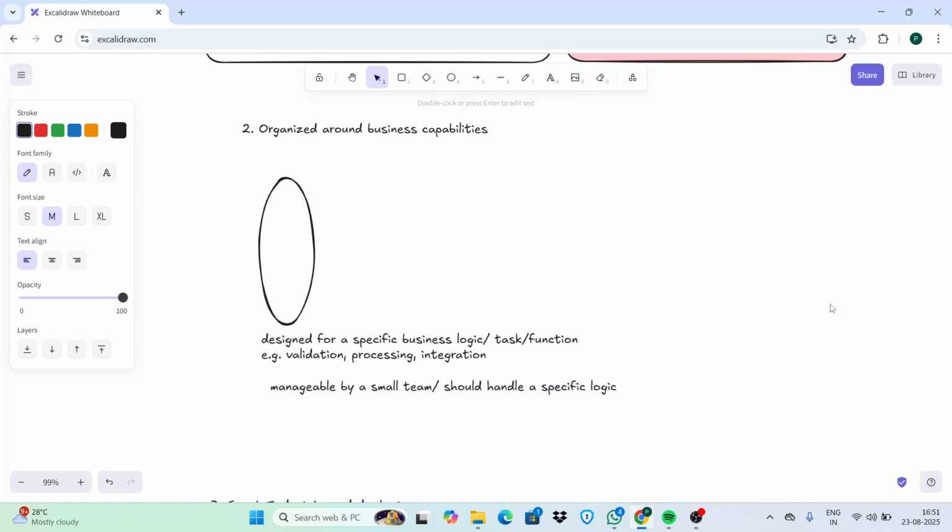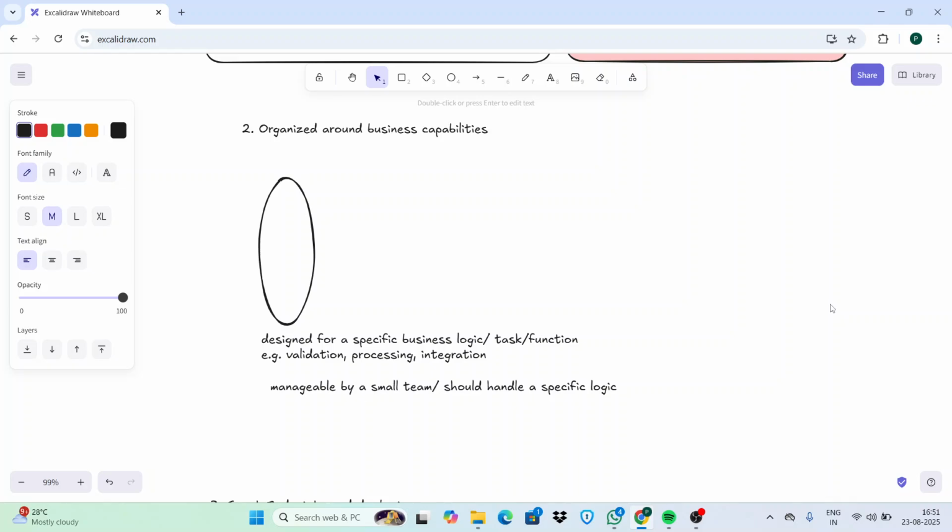The second principle is organized around business capabilities. Each microservice should be designed for a specific business task, for example payment, order, or customer profile.